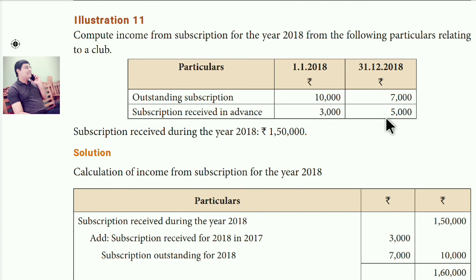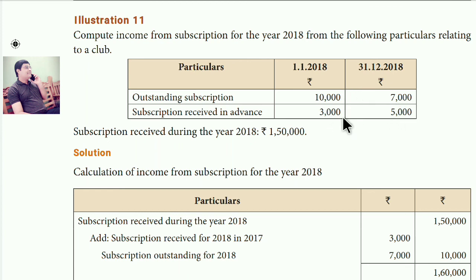But at the end, if they give the advance, that advance will be for the next year, not for the current year. Understand? So what do we write? Subscription we have to write in the outer column, 1,50,000. Then same way minus 10,000. So this is minus plus plus minus.